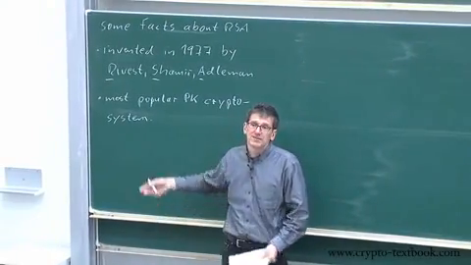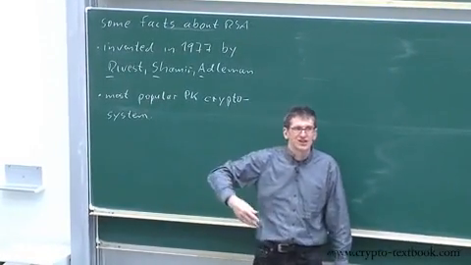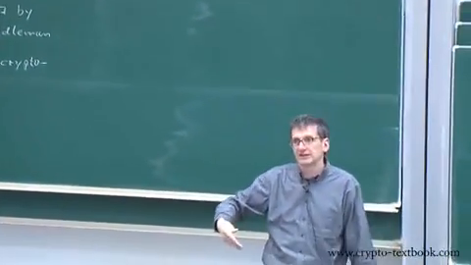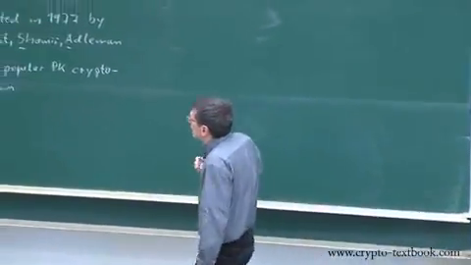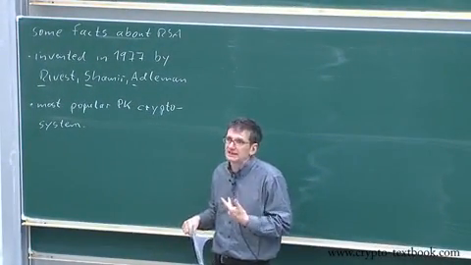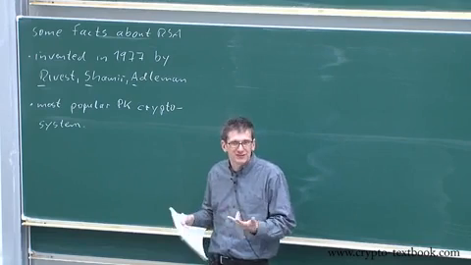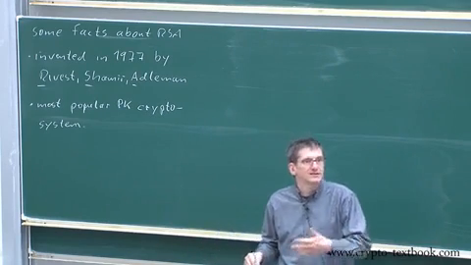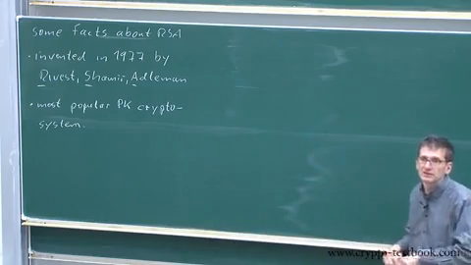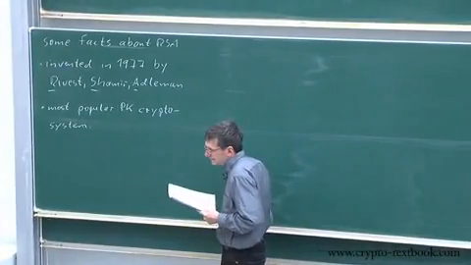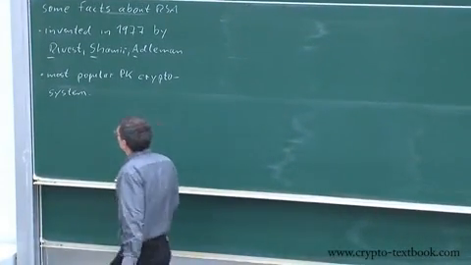I don't have hard numbers, but my guess is the market share, counted by the number of implementations being used, again there are only three. RSA is the biggest one. My guess is maybe 70% or 80% of implementations use RSA, and then another 20 or 30% is used by the discrete logarithm system. Maybe I'm off here, but that is my guess, okay?